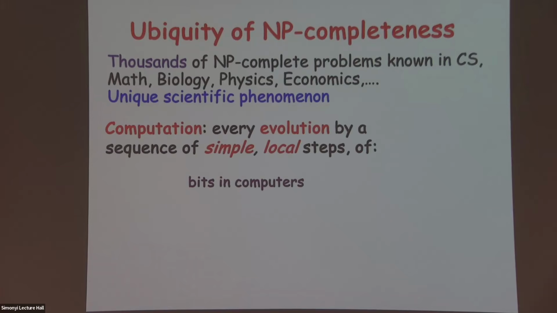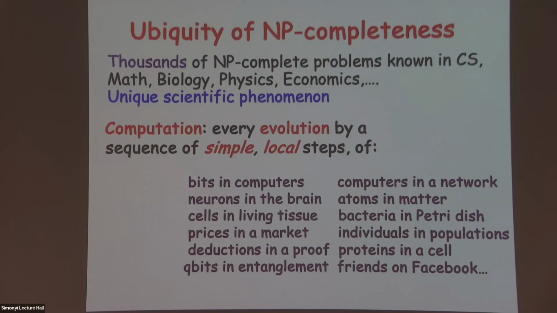Computation, the way we look at it today, is just a process. It's basically the evolution of some environment by a sequence of simple and local rules. And of course, initially, Turing thought of it as the evolution of values of bits in computers, in Turing machines, and then maybe we started thinking about networks of computers. But if you think about it, in any scientific theory, when we look at what happens to neurons in the brain or cells in tissues, or prices in a market, they evolve essentially in the same way.